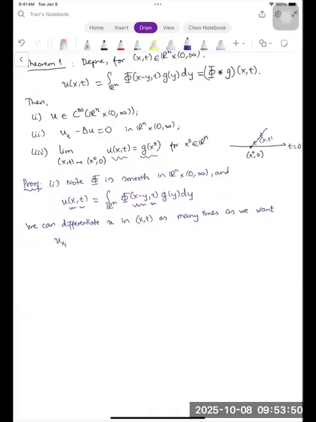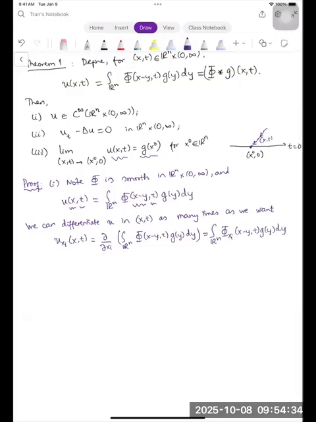For example, we differentiate u_xi of (x,t). This equals del over del xi of this integral. And again, g is continuous and bounded, so this integral is well defined. Phi is smooth, has mass 1, so it's okay. I can put the derivative inside, and remember that x only appears in phi, so clearly this equals the integral in Rn of phi_xi(x minus y, t) g(y) dy.